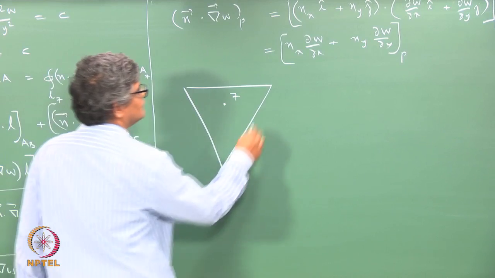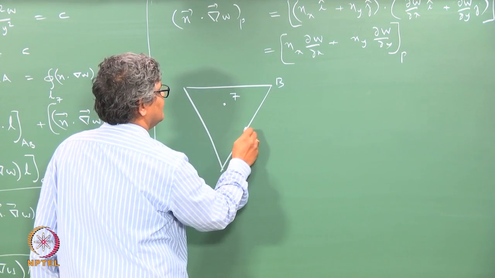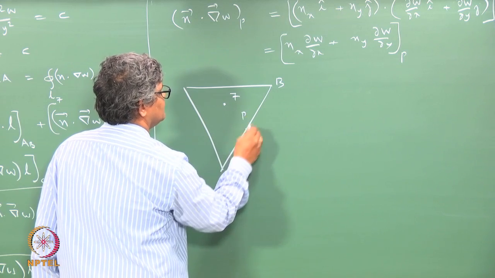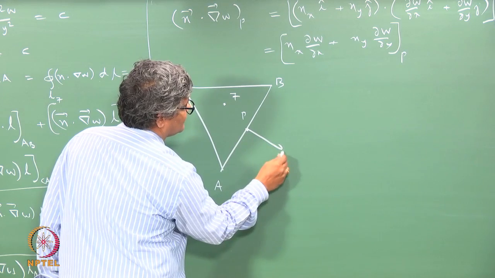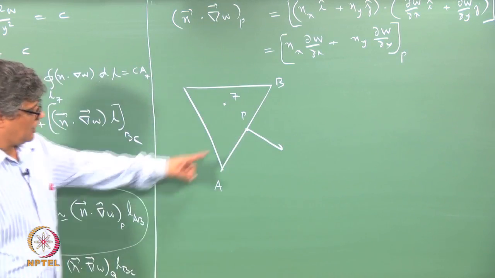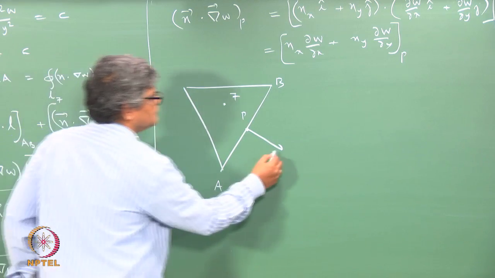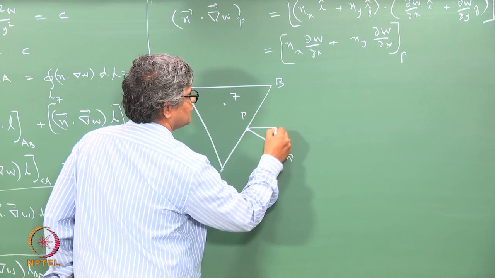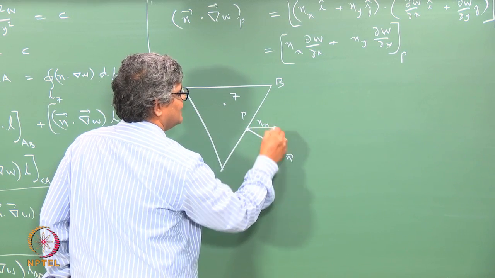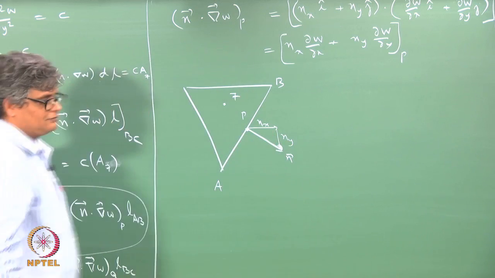For the cell 7, this is B here and A, this is point P, and so point P has this as the outward normal vector to the cell to the side AB, and this has a component of this much as nx and this much as ny.